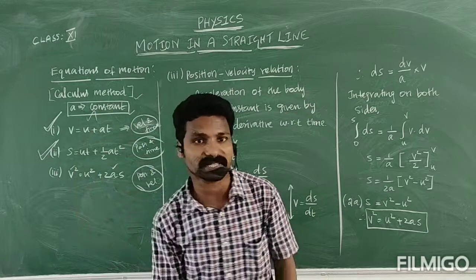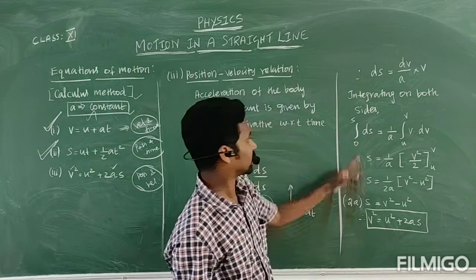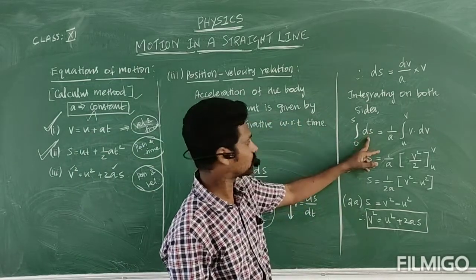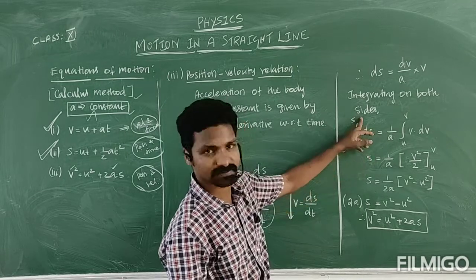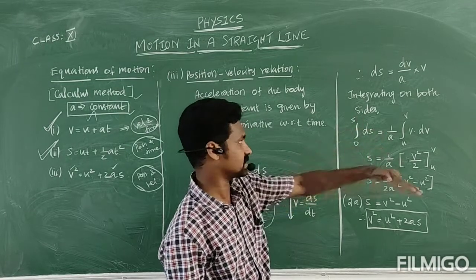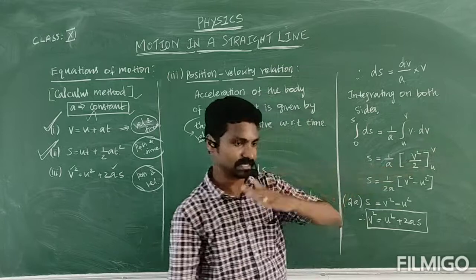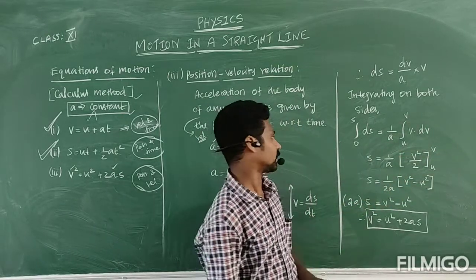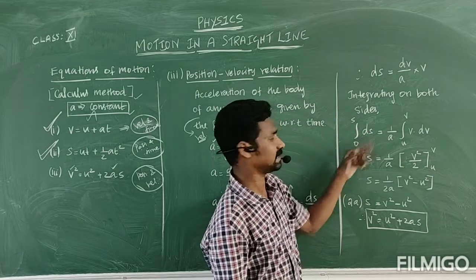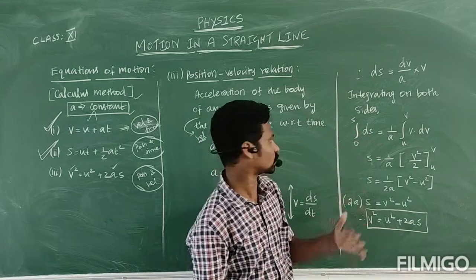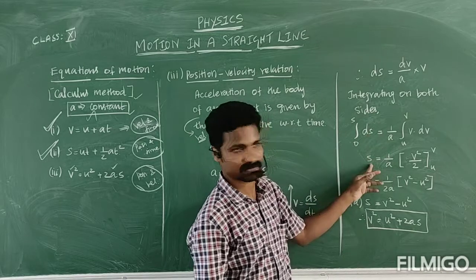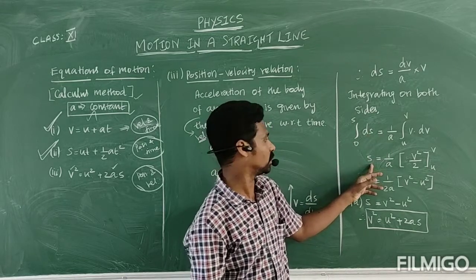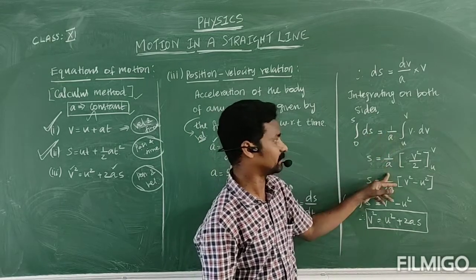Now I can write the change in position from 0 to some position s, and the velocity changing from initial u to some final v. Therefore, the integral of ds we can write as the upper limit minus the lower limit, that is s minus 0, so s is equal to 1 by a.